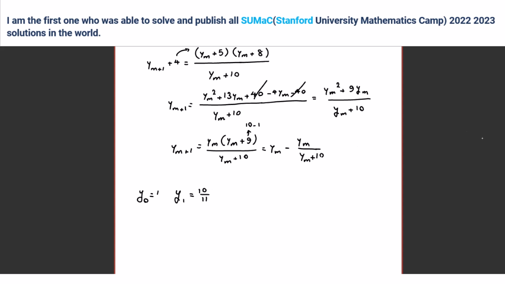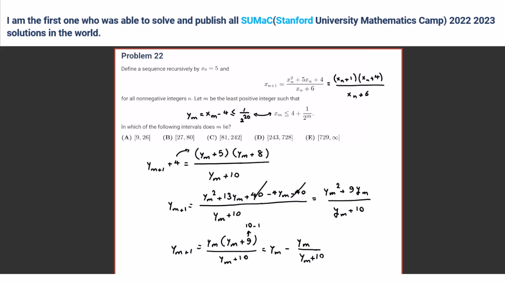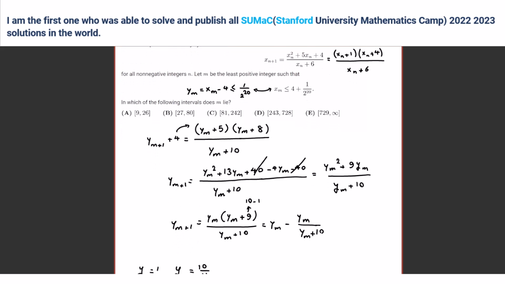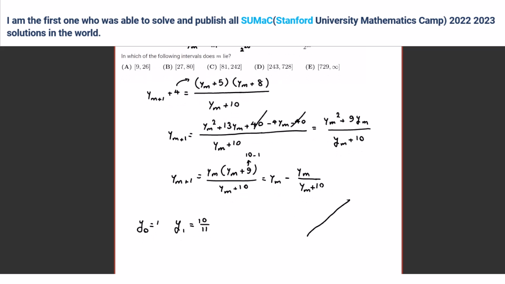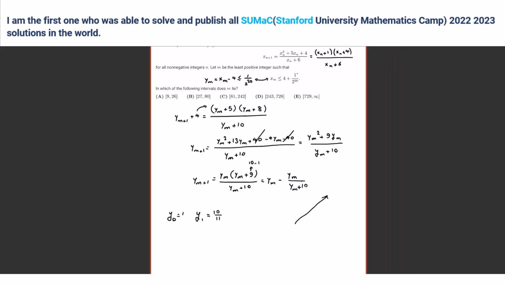Yeah. So we want to find the least m such that it is less than or equal to this. It means it seems to be decreasing.